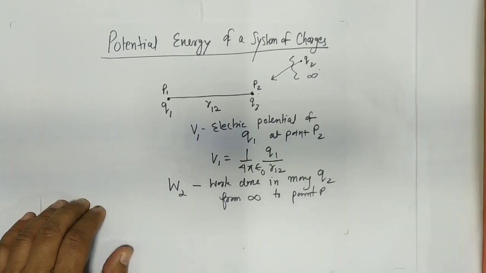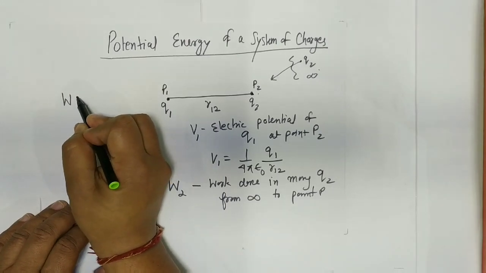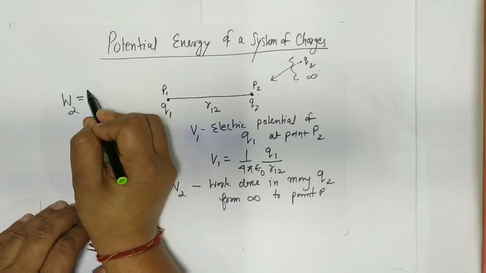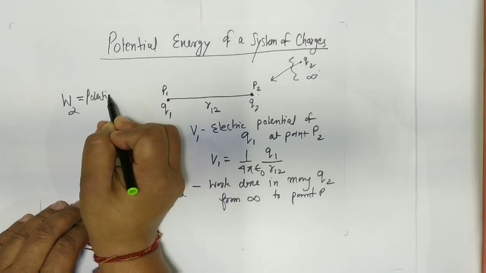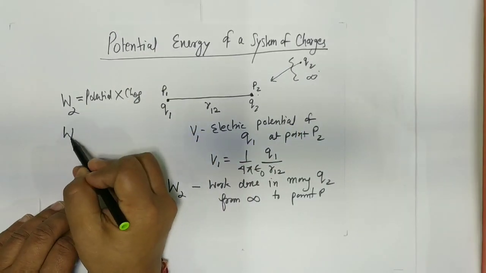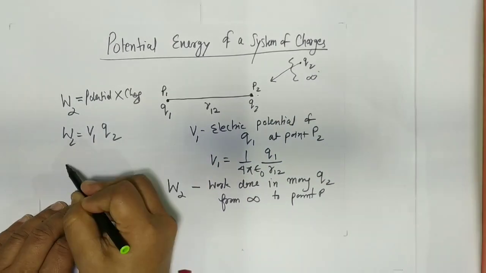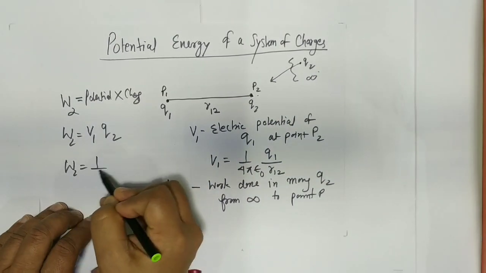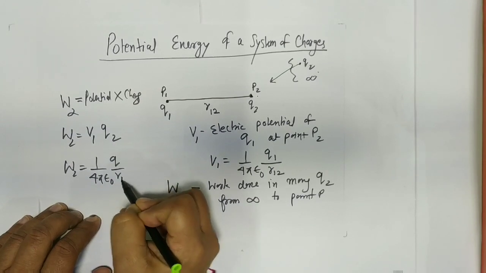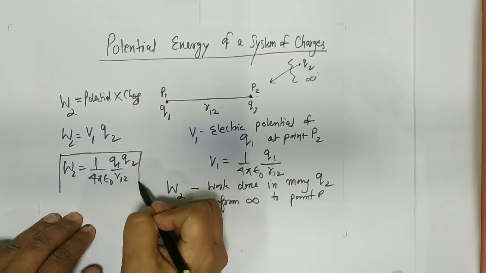And what we have heard is that work is potential into charge. And what is the potential at this point? It is simply V1. What is the charge? Q2. So V1 will be 1 upon 4 pi epsilon naught Q1 by R12 into Q2. So this is the work done.